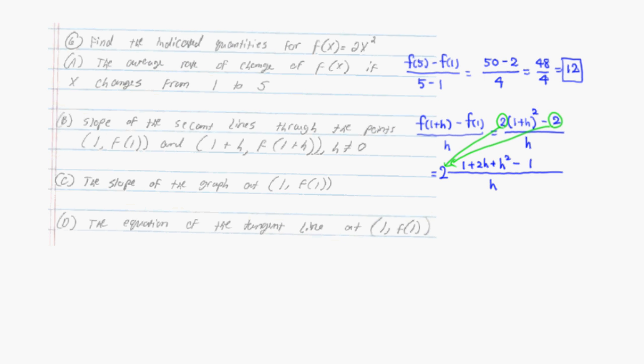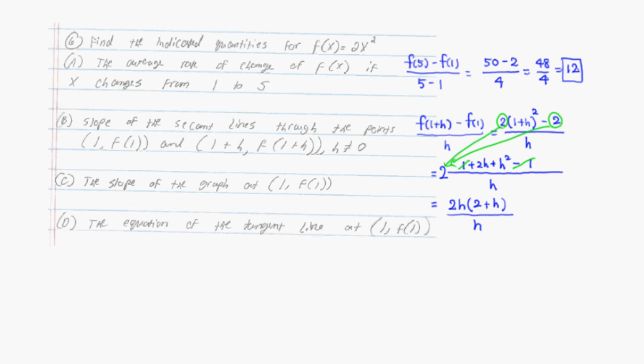Then we can cancel 1 minus 1. Another thing we can do is factor h out, since h is in both terms. The 2 is factored out, and pulling h from 2h gives another 2, and pulling h from h squared gives h, all over h.